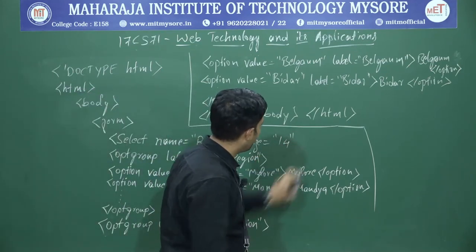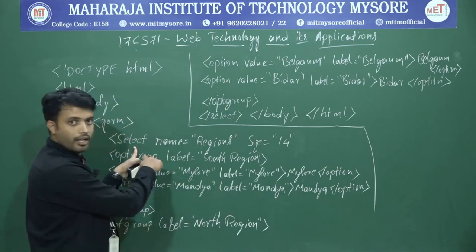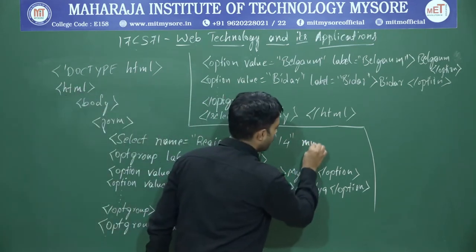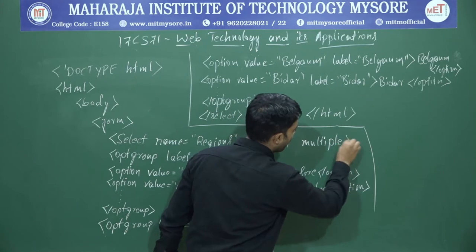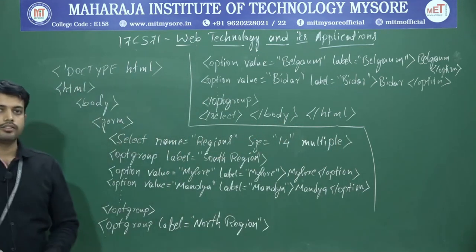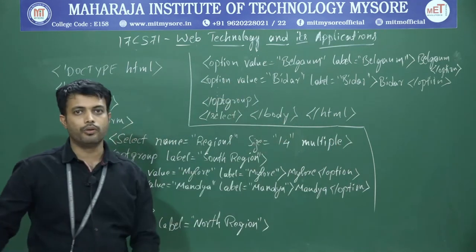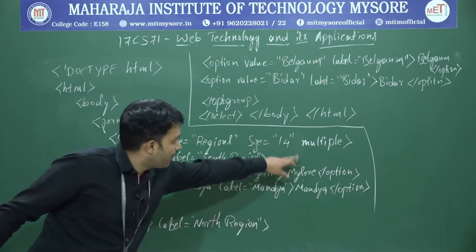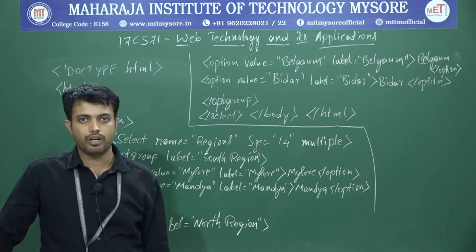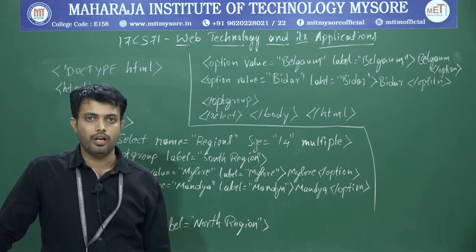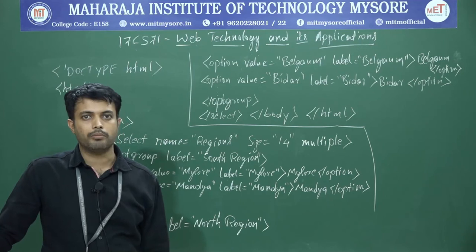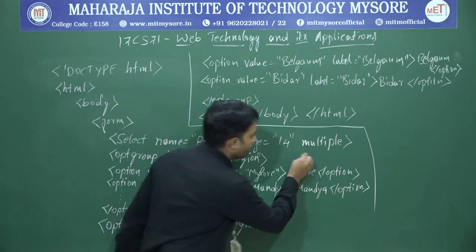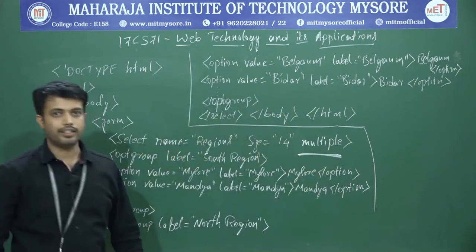At the end of this select tag I am going to write multiple. Now if I run this program, you can notice that you can select two options just by holding the control key. In the previous example, without this multiple option, you can't select multiple options. Now you can select multiple options. That is the importance of this multiple key.